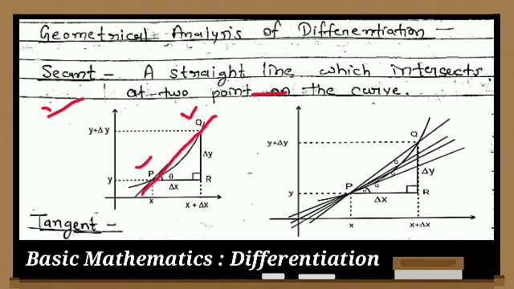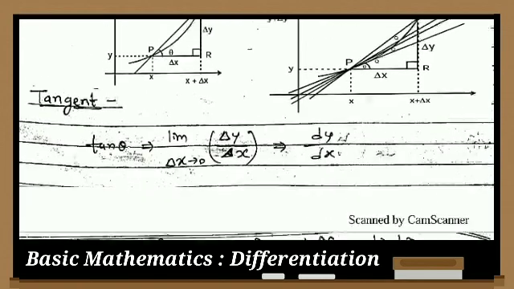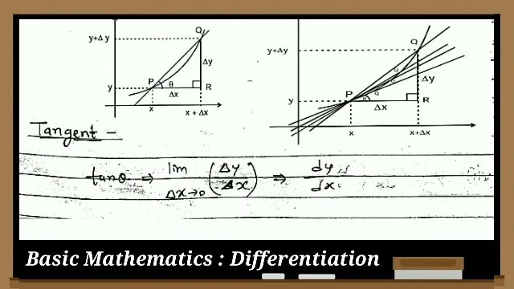And we have to find out the differentiation, that means dy by dx. So how can we find it? Let's move forward. To find the differentiation of y with respect to x, we have to find tan theta, or tangent, or slope.